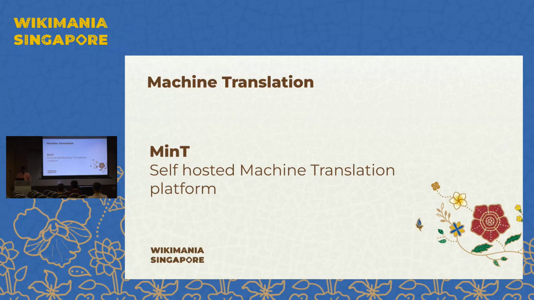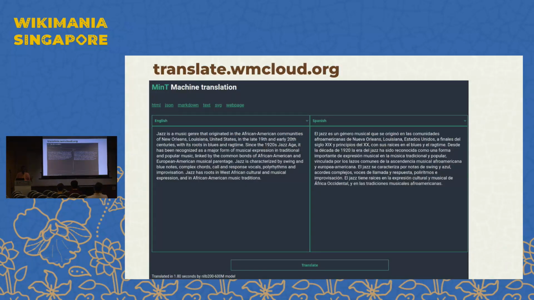This was recently announced, and you can just go to translate.wmcloud.org and play with this interface. You can not only translate plain text, you can also translate HTML, JSON, Markdown, SVG, web pages, all of these kinds of structured documents, with this interface.